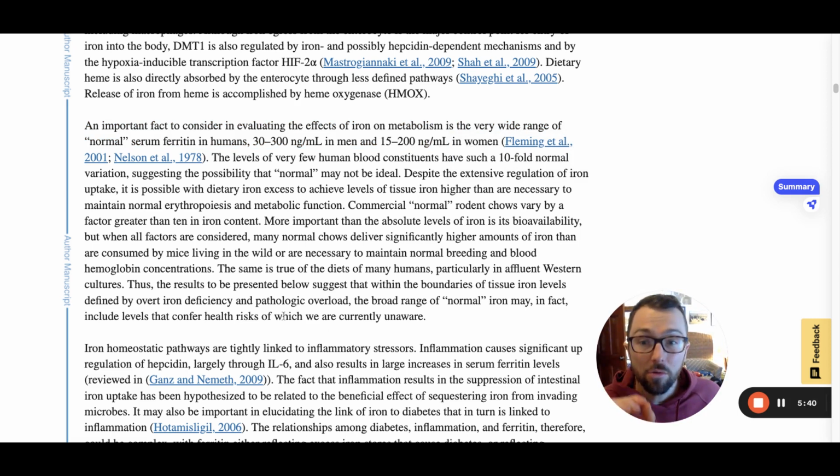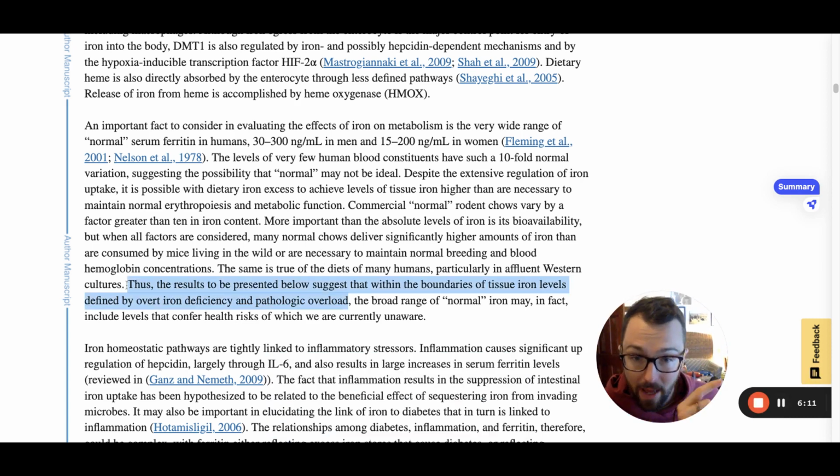This is a huge, huge range, and it goes on to say the levels of very few human blood constituents have such a tenfold normal variation, right? So almost nothing else in the human body has a standard or an acceptable value of a particular nutrient that is so broad, 30 to 300 or 15 to 200 for women.